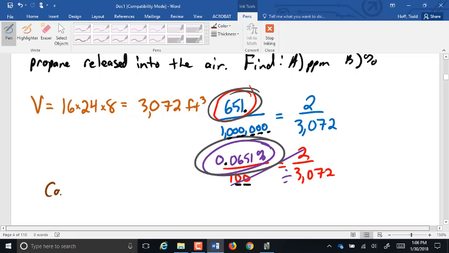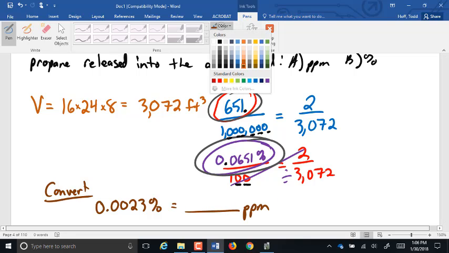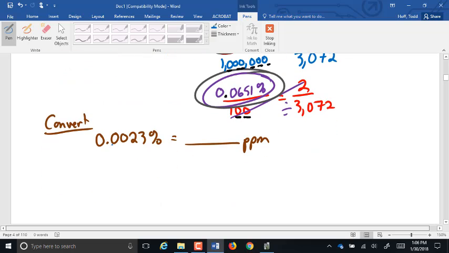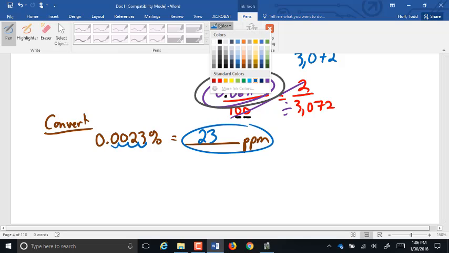So if I want to convert 0.0023% into parts per million, what's it going to be? How many places do I move the decimal point? 4. So it's 23 parts per million.